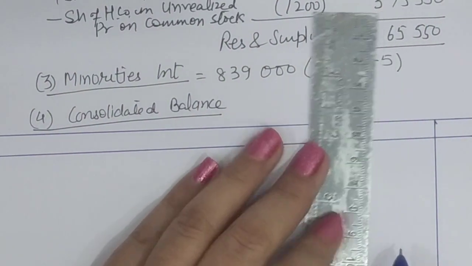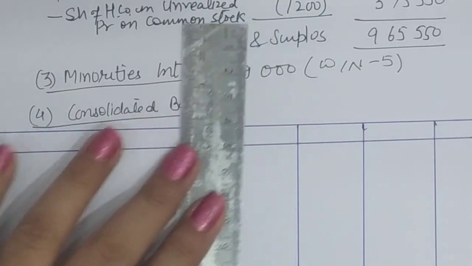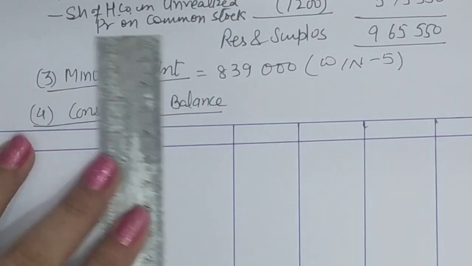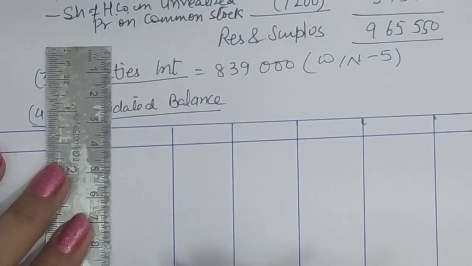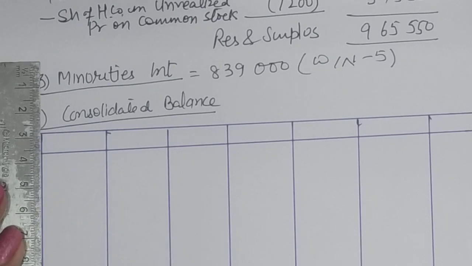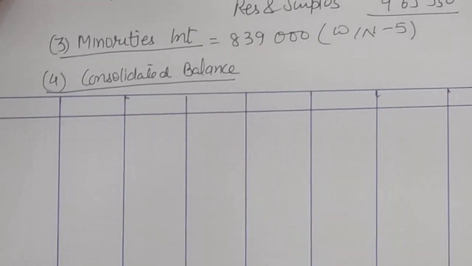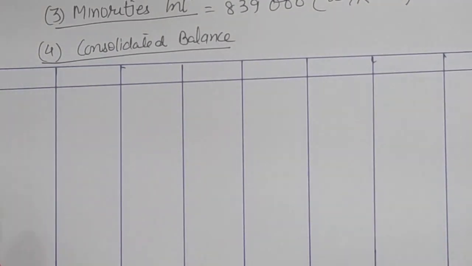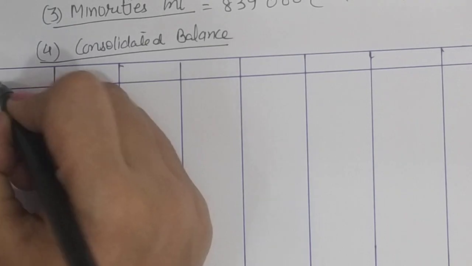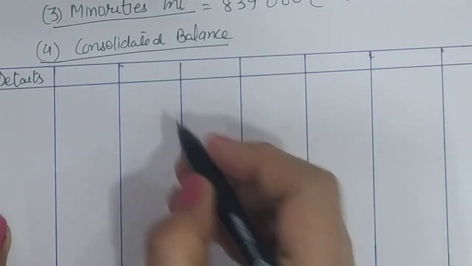One, 2, 3, 4, 5, 6, 7 and 8. So 8 columns have been made here for the consolidation of the balances. Right. So this is for the details. Now write up the account names.